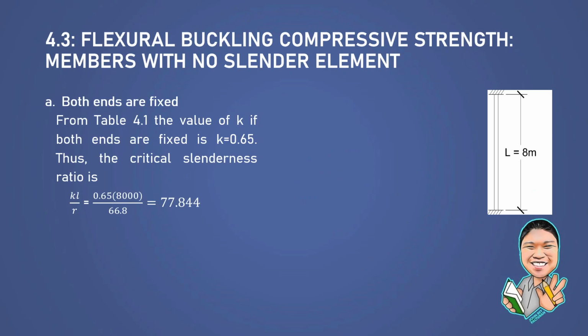So, therefore, ang gagamitin natin to compute for the critical slenderness ratio is 0.65 ng 8 meter or 8,000. Again, ang gagamitin mong r is 66.8. So, equal 77.844 siya. Walang unit ang slenderness ratio, di ba? Kasi magka-cancelled out din naman siya.